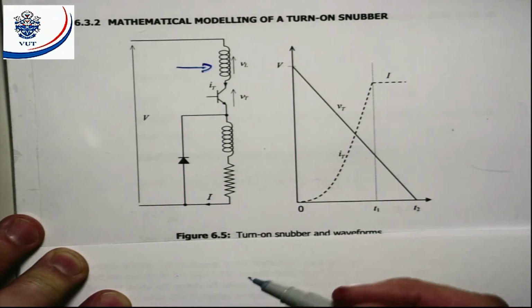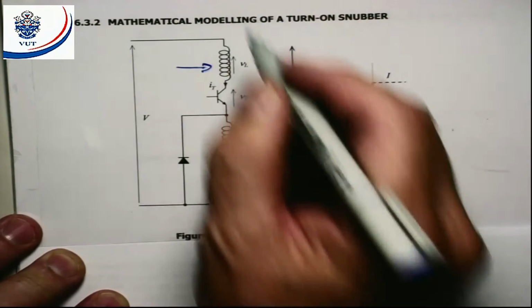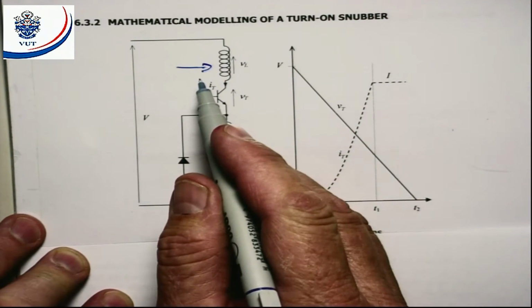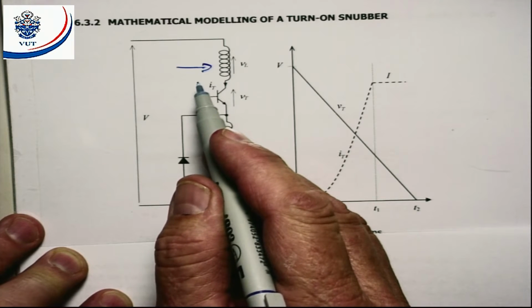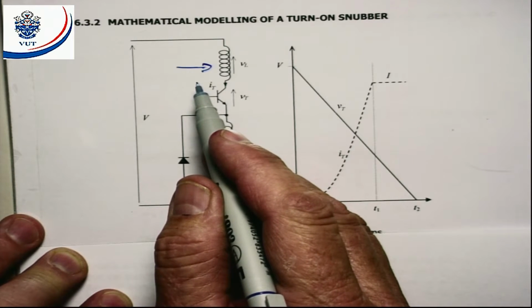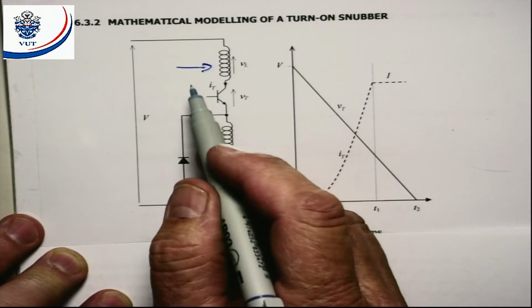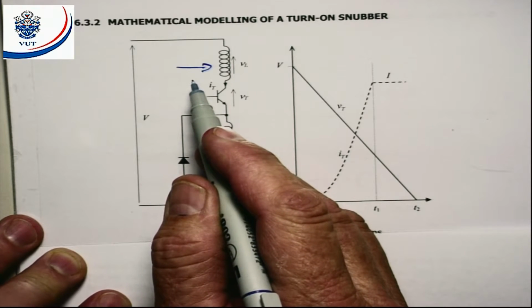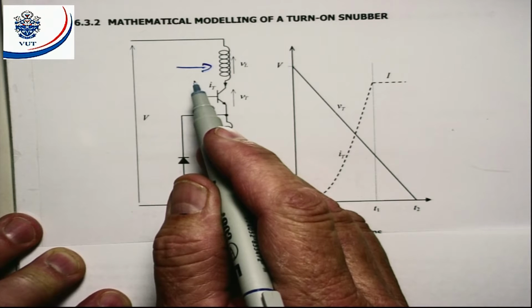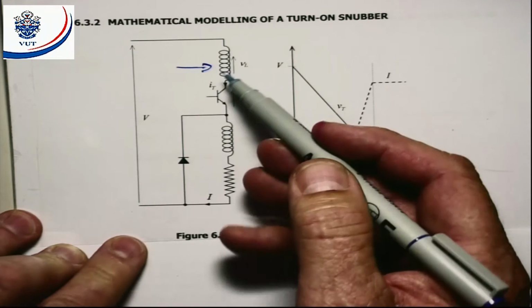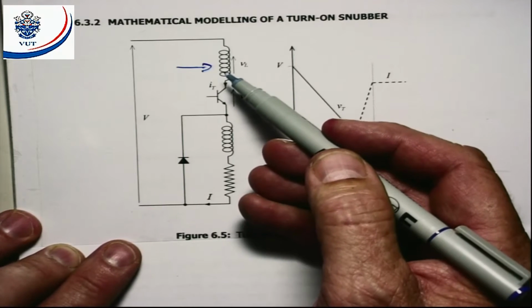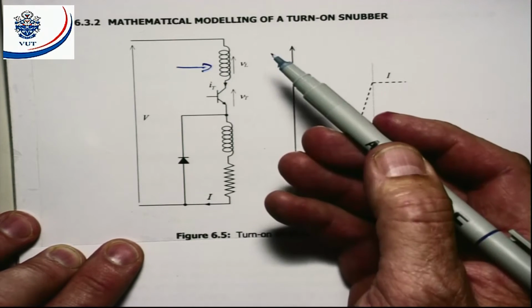Now a capacitor does not allow an instantaneous change in voltage over its terminals. An inductor does not allow an instantaneous change in the current flowing through its terminals. So we can use this inductor in the same way as the capacitor was used for turn off.